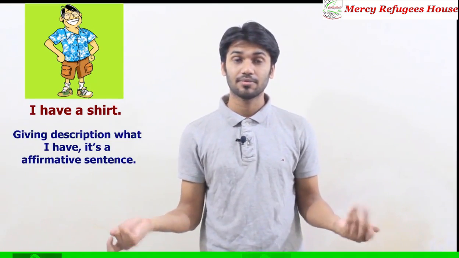Well, I hope this is pretty clear to you now, right? You go through the rest of the sentences and think by yourself about what this sentence is talking about, what sort of description this sentence is giving, just like the way I have been explaining.